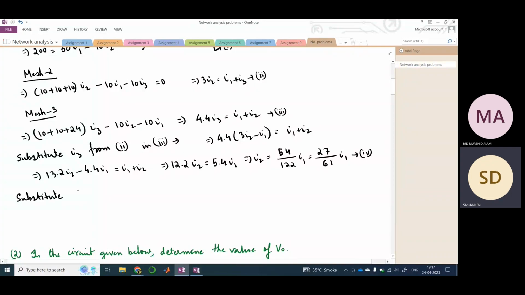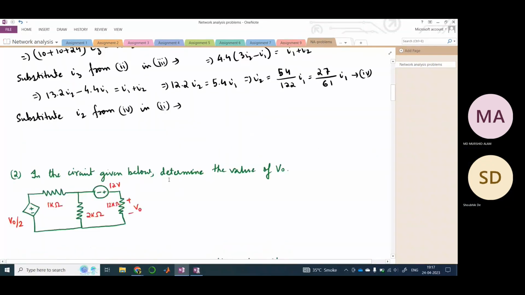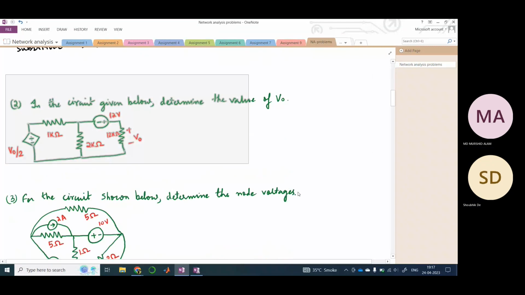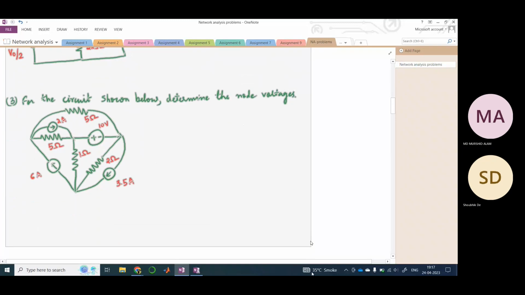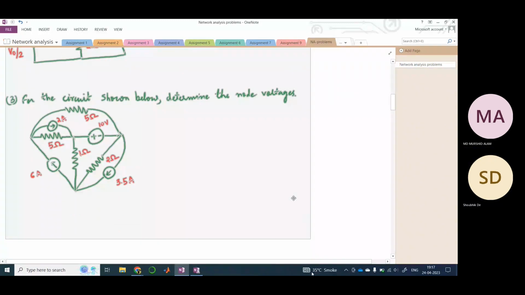So substituting I2 from 4 in equation number 2, right? Put it downwards, we need some space.